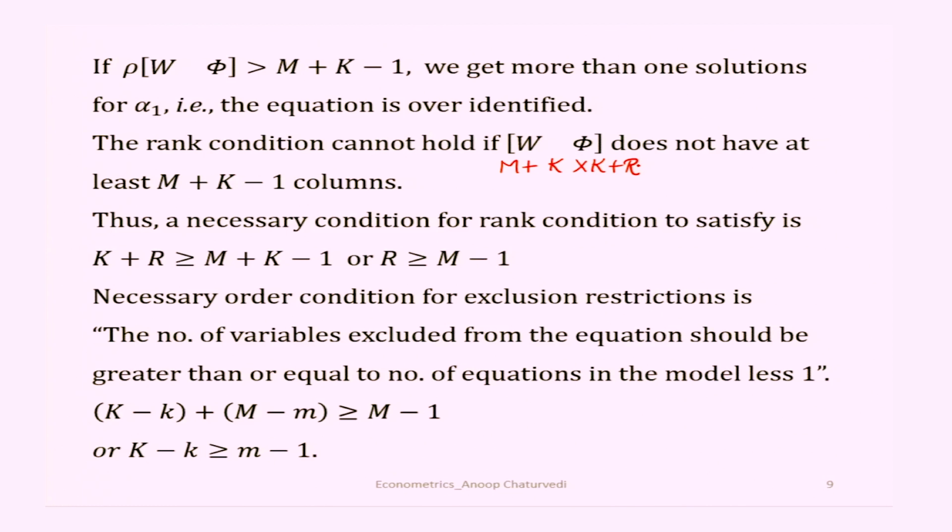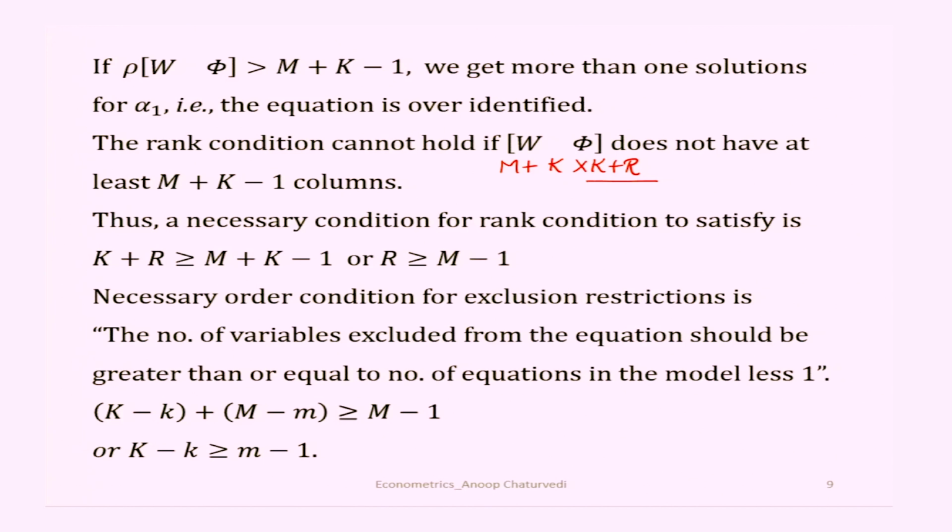Then for identification, you need the condition that rank of this matrix is greater than or equal to m plus k minus 1. So, this matrix must have number of columns greater than or equal to m plus k minus 1. That is, k plus r must be greater than or equal to m plus k minus 1.